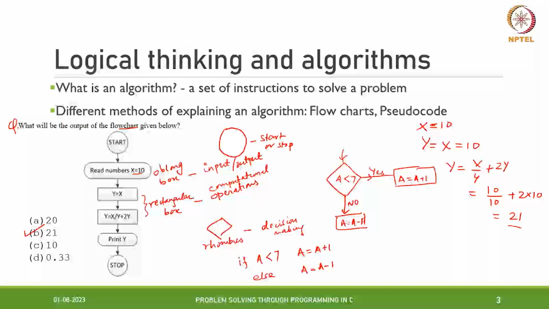Excuse me, actually I have a doubt here. For the input and output we are using parallelogram shape boxes. Yeah, depending on different books that you follow, there can be different approaches. So yes, in some books you will see that input output will have parallelogram boxes instead of oblong, but it's fine.